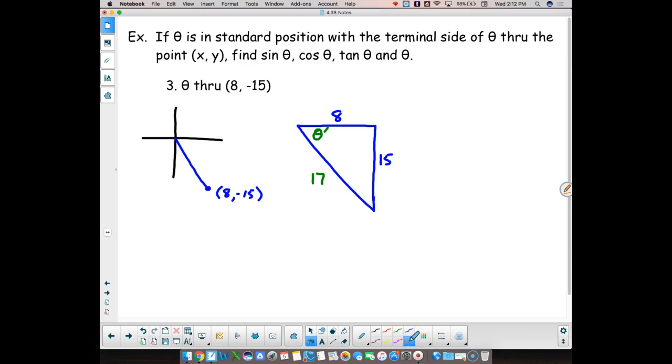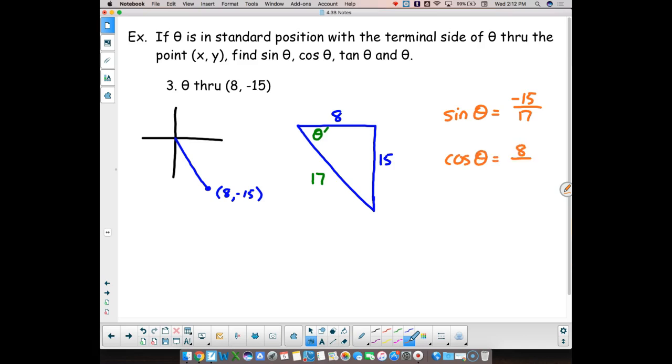So we can find the sine of theta. Sine is going to be y over r. R just happens to be the hypotenuse of your triangle. So the sine is going to be negative 15 over 17. We can find the cosine of theta.